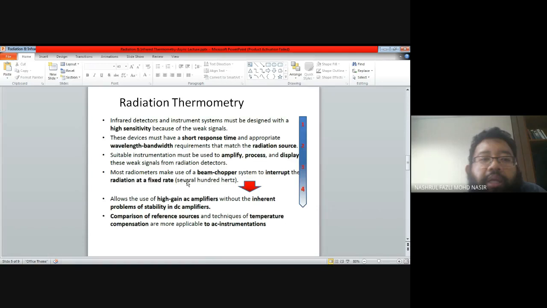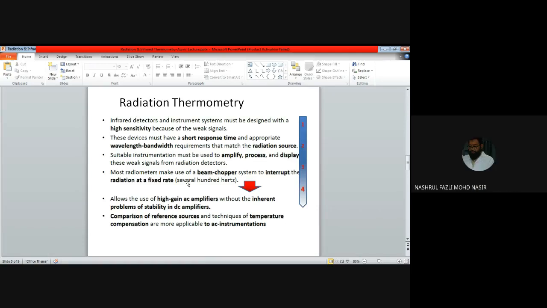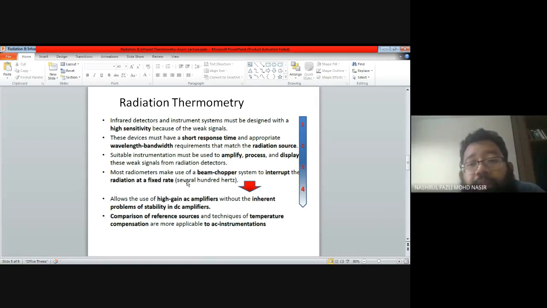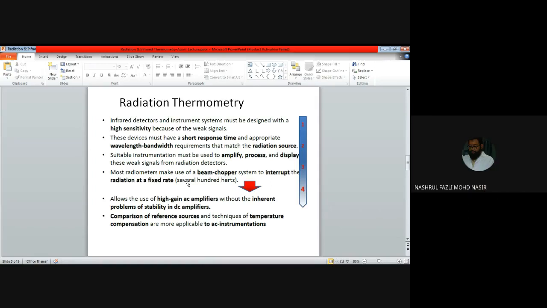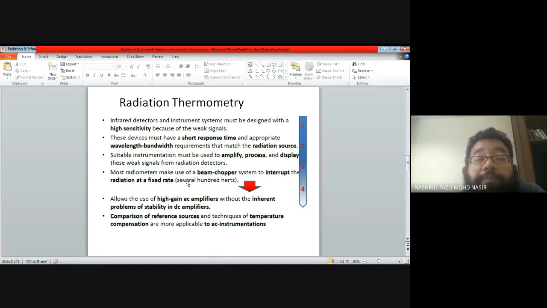Infrared detectors and instrument systems must be designed with a high sensitivity because of the weak signals. As you know, the radiation coming from the body is a weak signal, so you have to design it with a high sensitivity. Because of the nature of our body, it's very dynamic and the temperature may change.